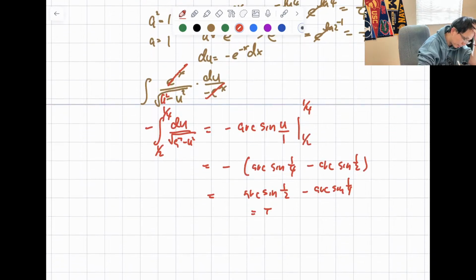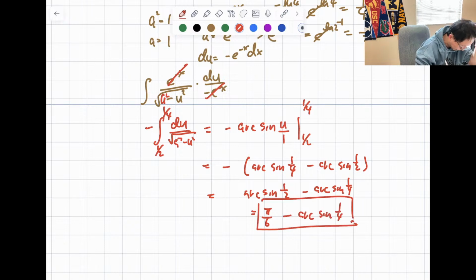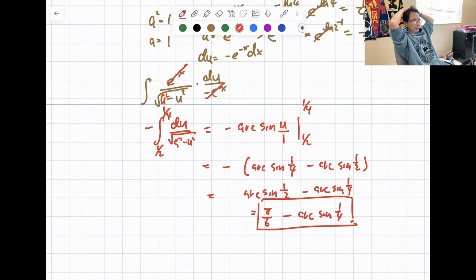So this is equal to pi over 6 minus arc sine of 1/4. Wouldn't it be arc sine of 1/4 minus pi over 6? No, never mind. Then you flip it down.